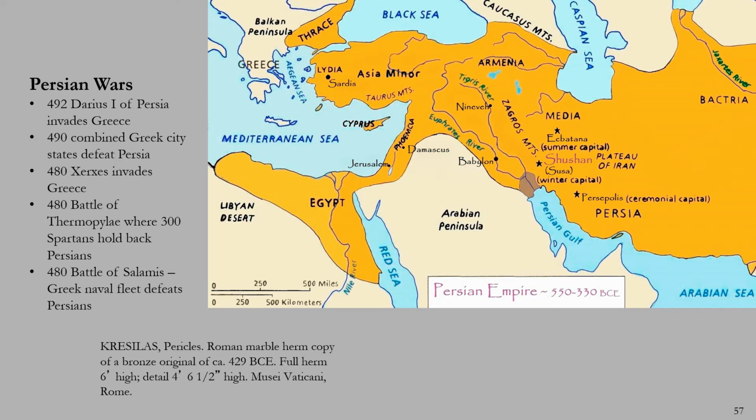And the Persians, as we know from our study of Persepolis, were a multicultural society with many languages, many religions, and they wanted to annex Greece. You can see why. If you annex Greece, then you open up the entire Mediterranean and even into Europe. And so strategically, in terms of trade, in terms of war, yeah, you want this.